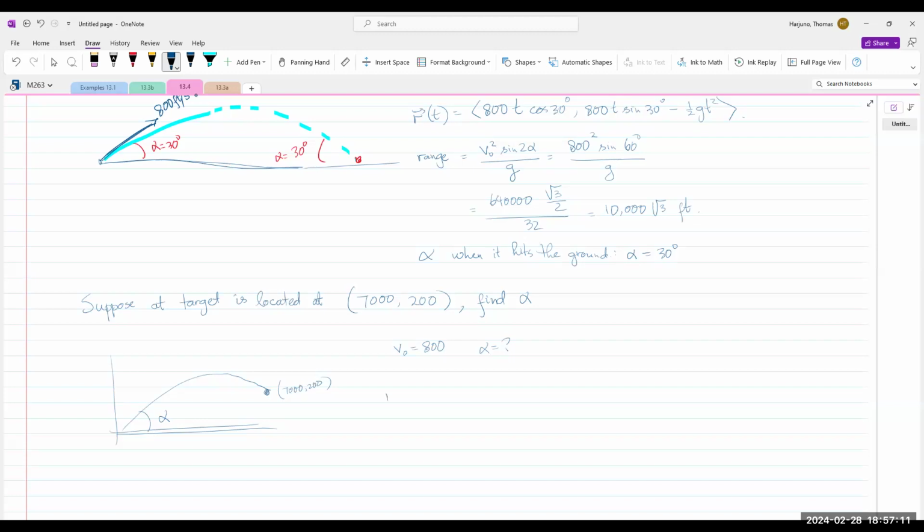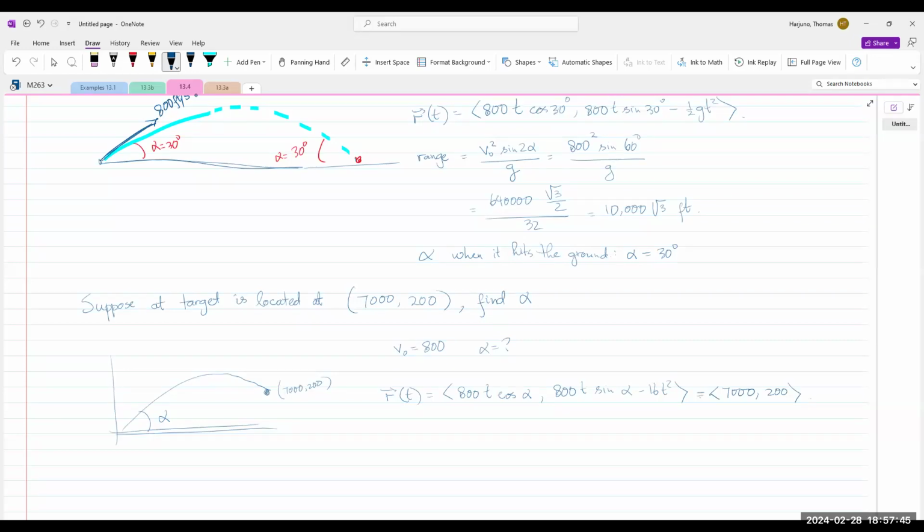Now, what is the trajectory? The trajectory will be 800 t cosine alpha, comma, 800 t sine alpha minus 16 t squared. What we will do is set this equal to 7,000.